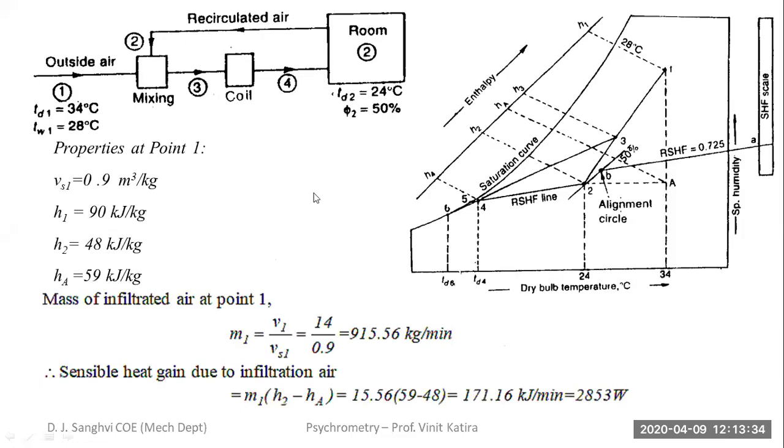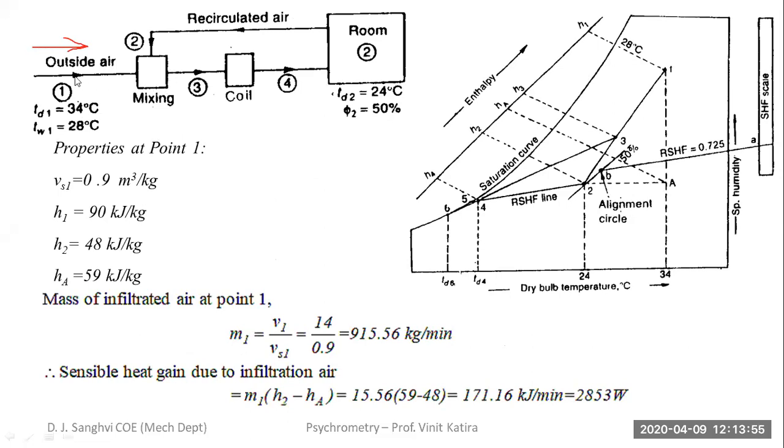So first you need to draw this diagram over here. This shows the layout of your plant. Here you need to note that mixing is first taking place.